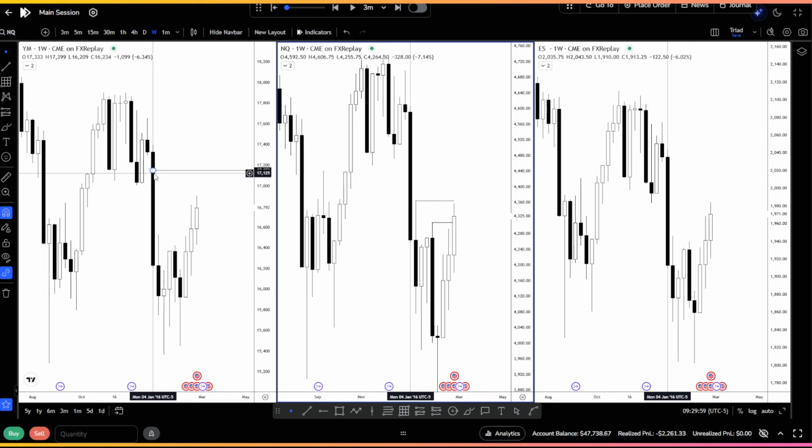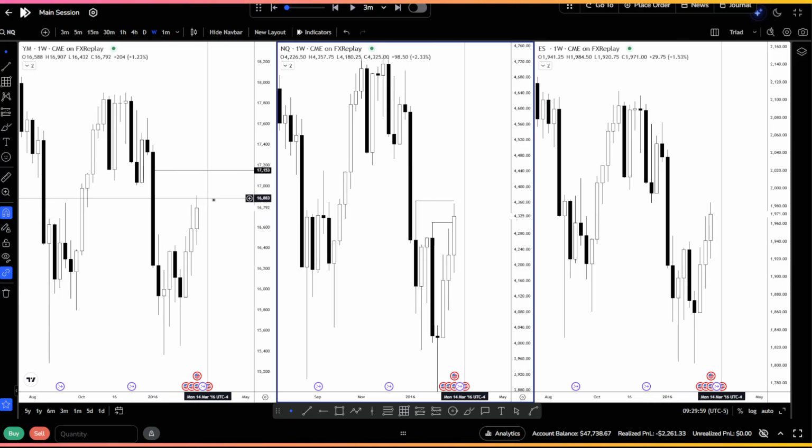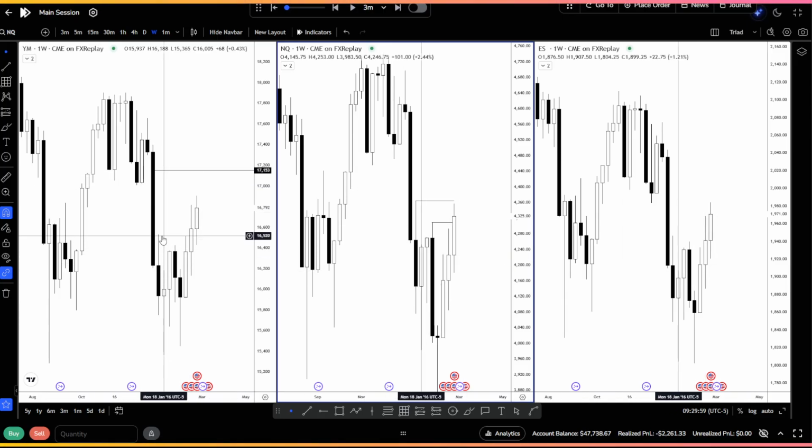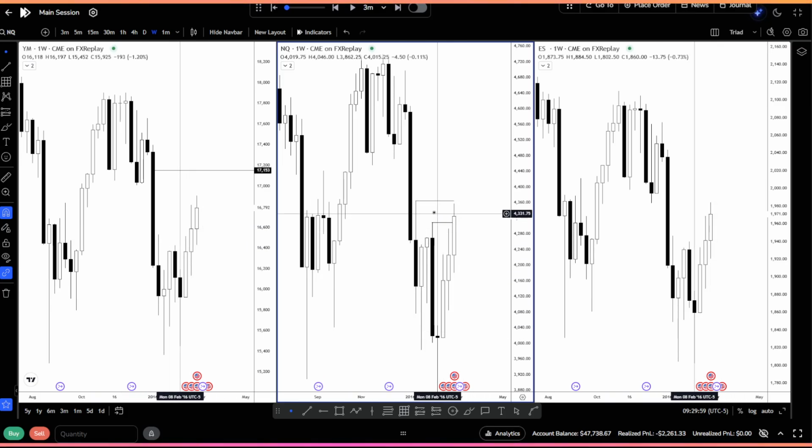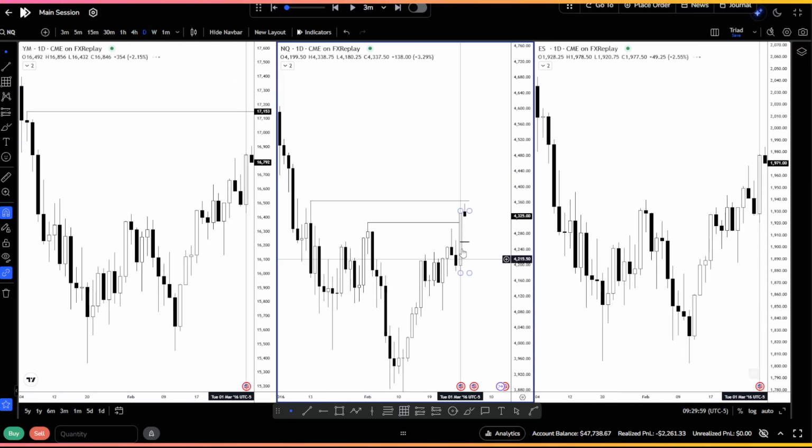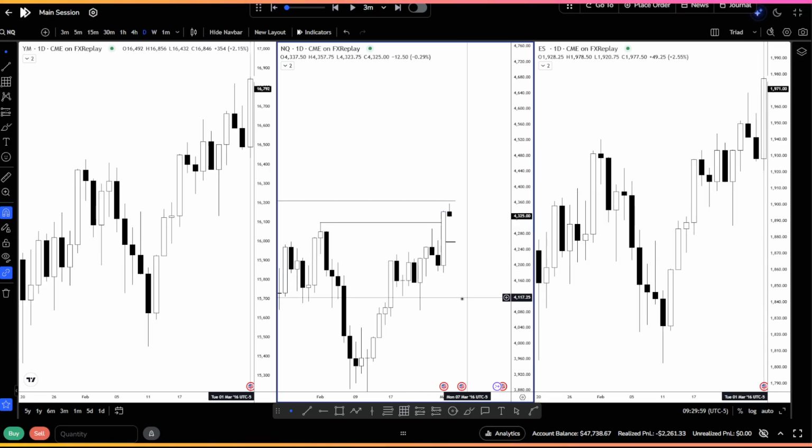Damn, bro. We've already tapped everywhere, but because we were failing to manipulate the fair value gap, I wanted NQ to catch up. So coming daily again, Tuesday expansion, Wednesday should continue.